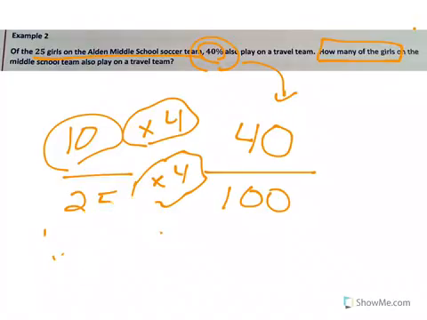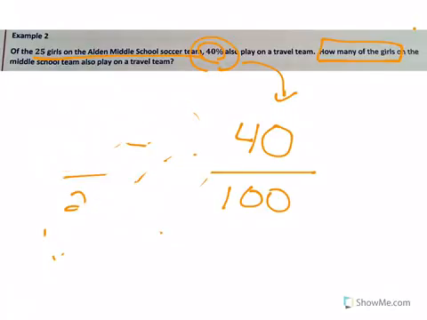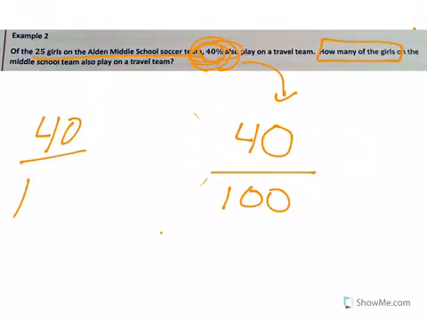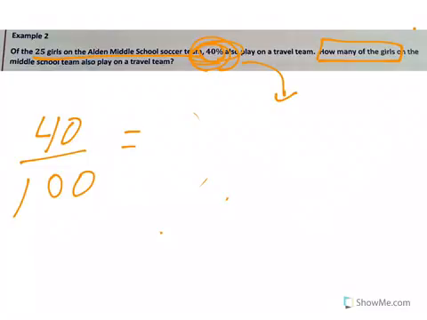Now, if you weren't sure quite how to get there, or if it was a more complicated number, what you could say then would be, okay, I know the percentage was 40 out of 100. I know that that's going to give me something out of 25, because remember, 100% of the girls is 25.